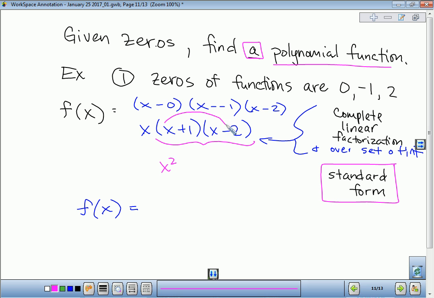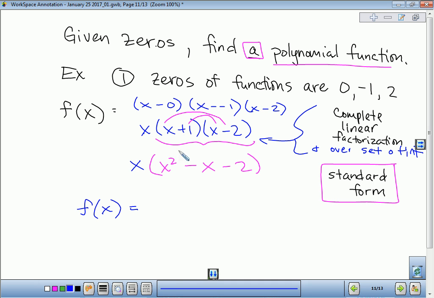And then I've got negative 2x and positive 1x. Negative 2 plus 1 is negative x. And then 1 times negative 2 is negative 2. And that's where you got the x squared minus x minus 2 from. Okay? So all I did was multiply these two factors.